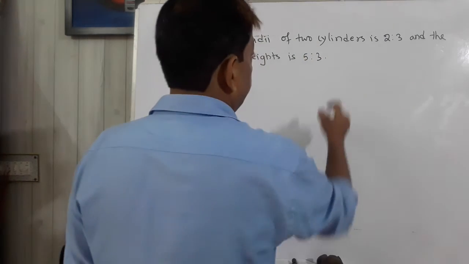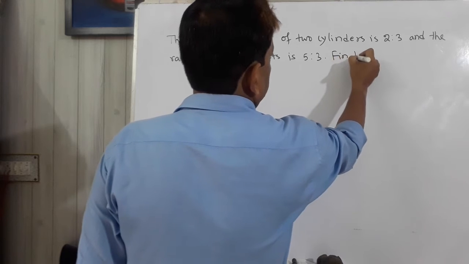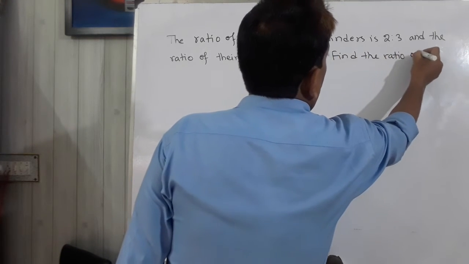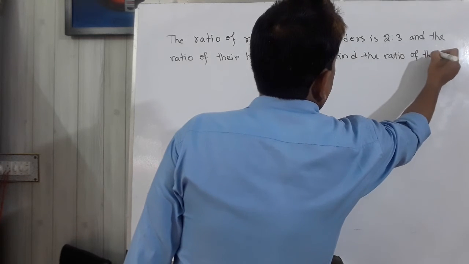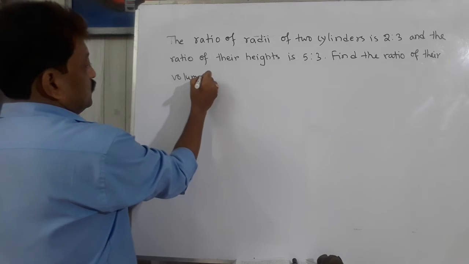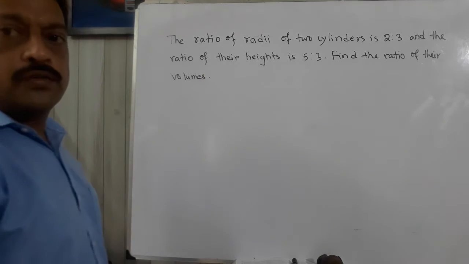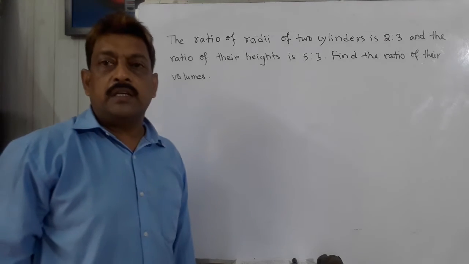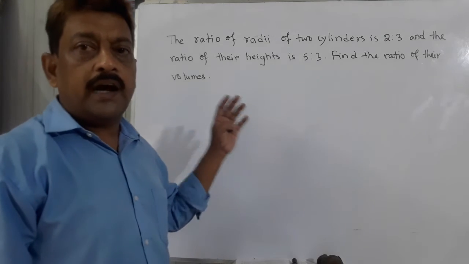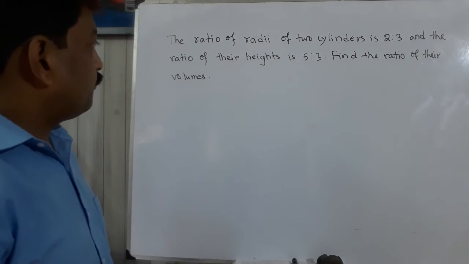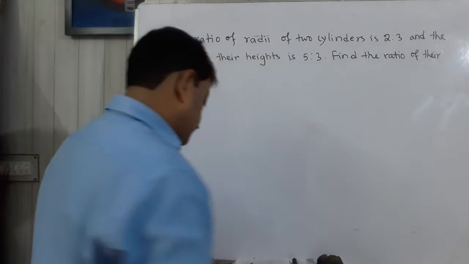Find the ratio of their volumes. Okay, understood the question? The ratio of radii of two cylinders is 2:3 and the ratio of their heights is 5:3. We have to find the ratio of their volumes.